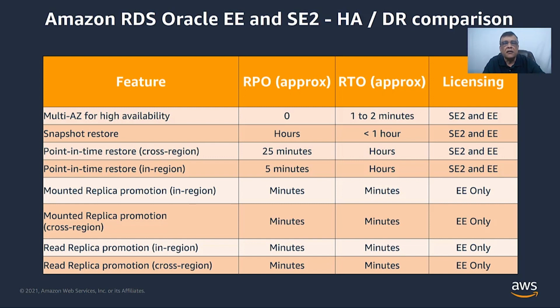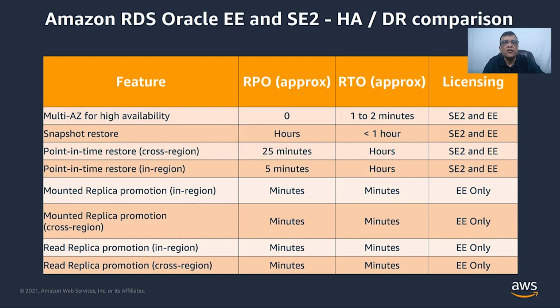In this case, there is zero data loss as the replication is performed synchronously at the storage level. The recovery time is up to 1 to 2 minutes while the primary database goes down and the standby database takes over the operation of the primary database.